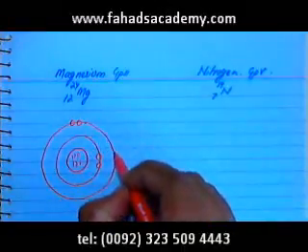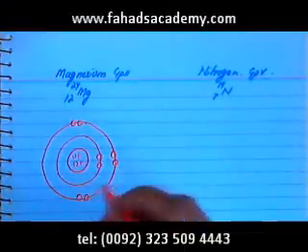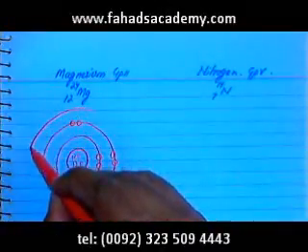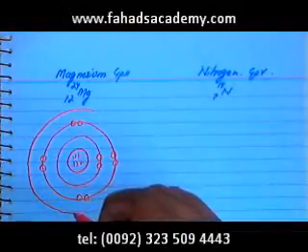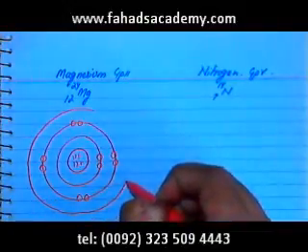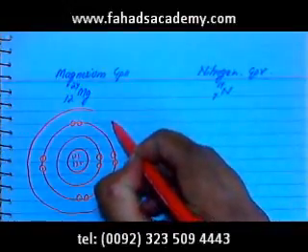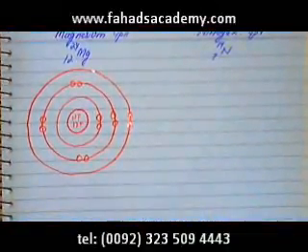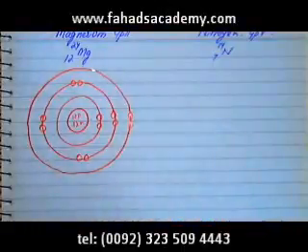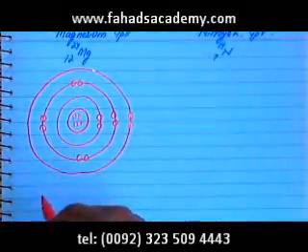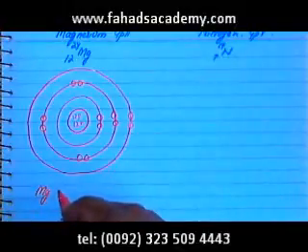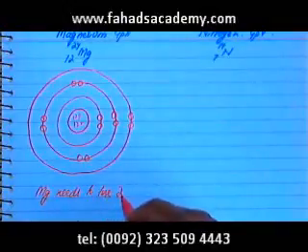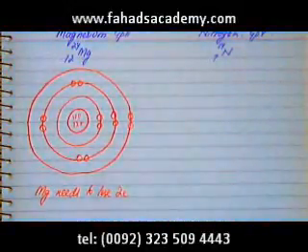There are 8 electrons in the second shell, and there are 2 electrons in the last shell. Now, this is an unstable electronic configuration. For a stable electronic configuration, Mg needs to lose its outer 2 electrons. So it needs to lose 2 electrons. If it loses these 2 electrons, it would become a stable electronic configuration.